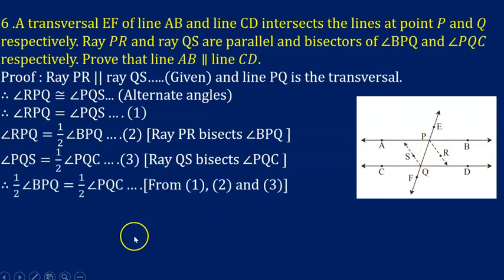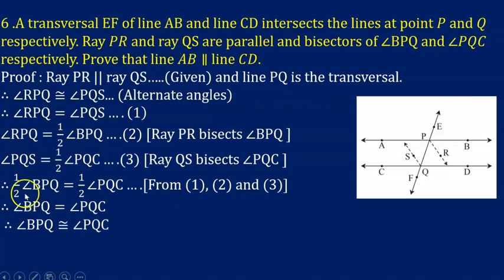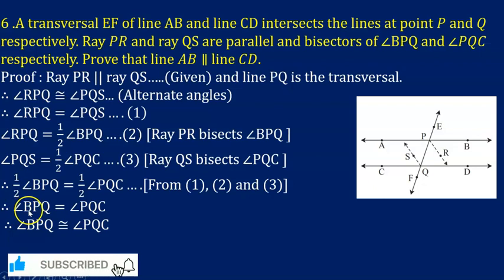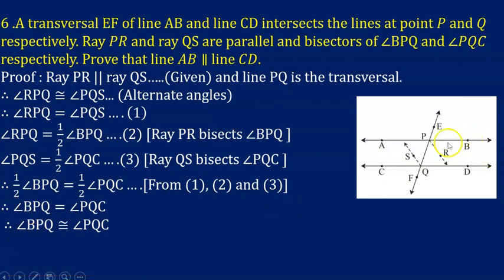But we know that the measures of these two angles are equal, that is RPQ is equal to PQS. And therefore, their halves are also equal. And we write here 1 upon 2 measure of angle BPQ is equal to 1 upon 2 measure of angle PQC. Half gets cancelled on both sides and therefore you will get measure of angle BPQ is equal to measure of angle PQC.